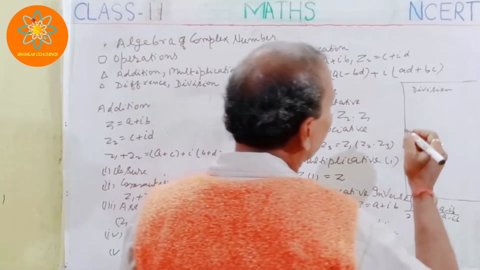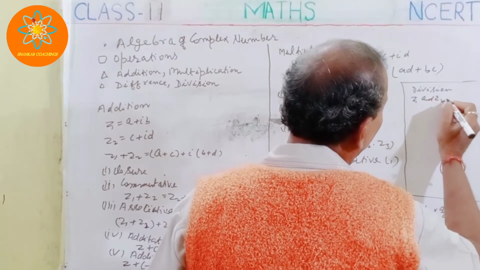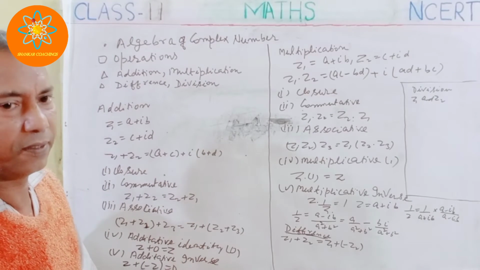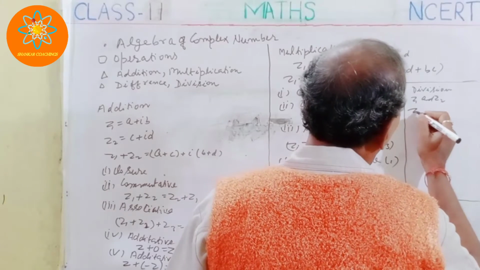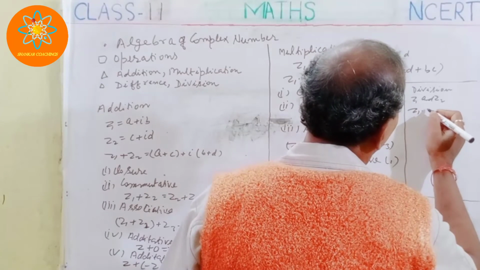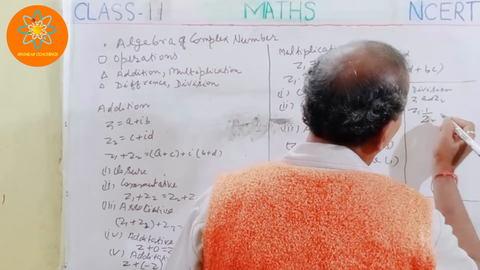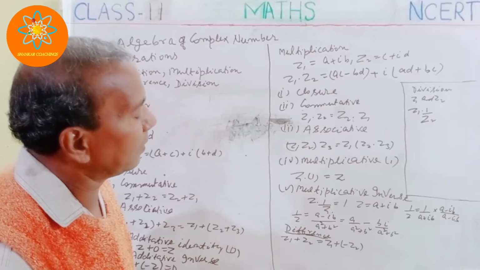How do we define this division? Division is nothing but z1 into 1 by z2. So z1 times 1 by z2 indicates division.